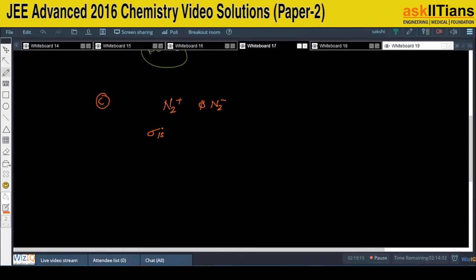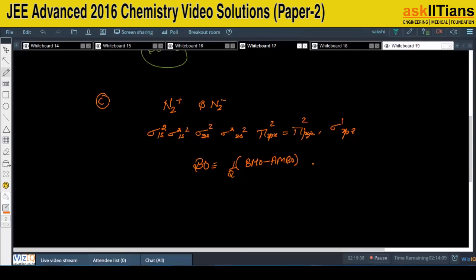So this is sigma 1s2, sigma star 1s2, sigma 2s2, sigma star 2s2, pi 2px equal to pi 2py, which will be 2 and 2, and then you have sigma 2pz1. Now if I ask you to calculate the bond order, it becomes half of the number of electrons in bonding molecular orbitals, subtract the number of electrons in anti-bonding molecular orbitals.